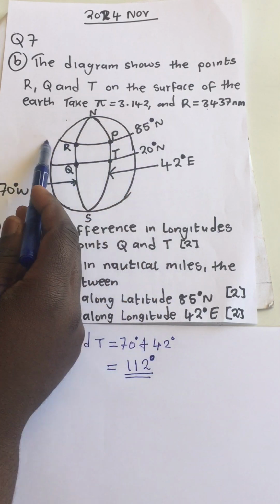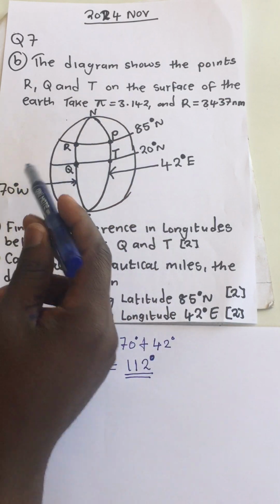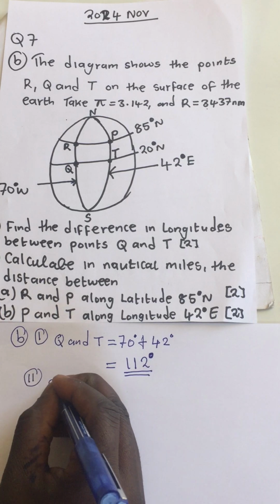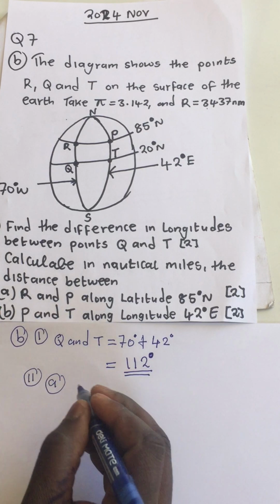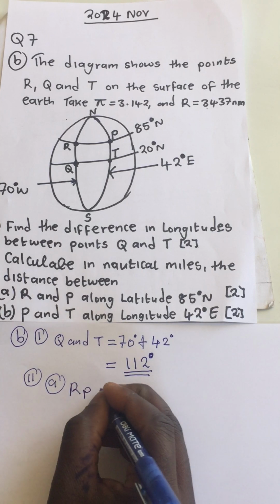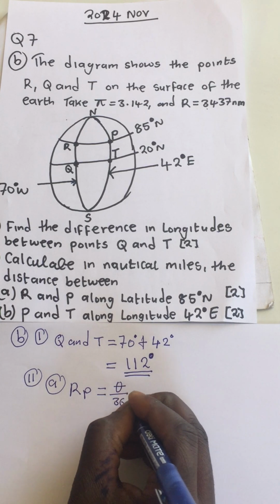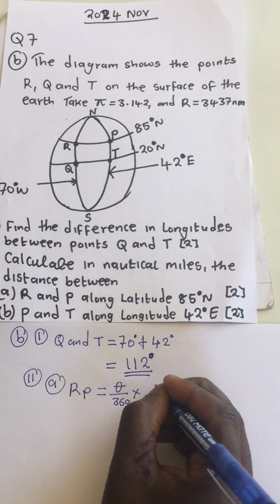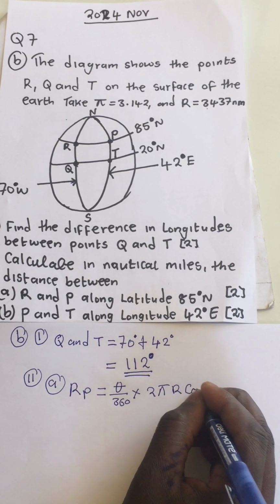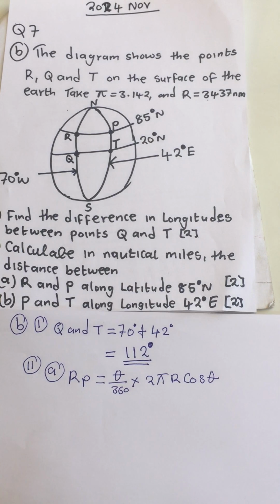I hope you are able to see. Once you observe that the letters given are in this line, this is the formula to use. So question 2A, you indicate RP is equal to theta over 360 times 2 pi R cos theta. This is the formula you use.